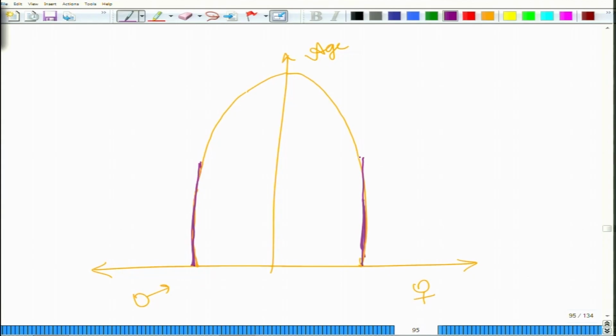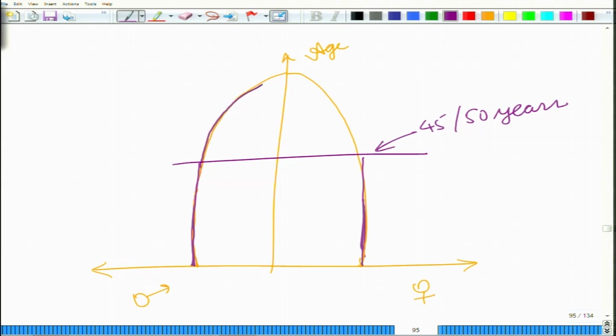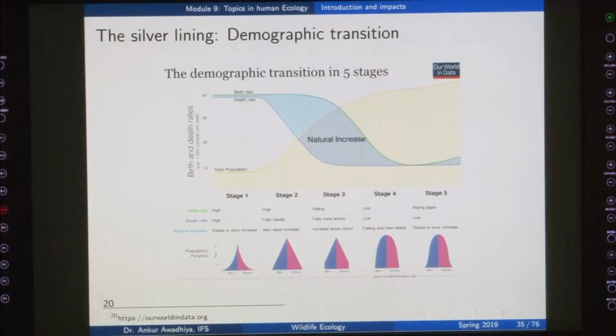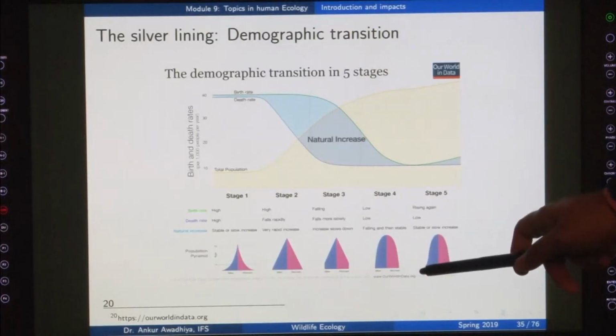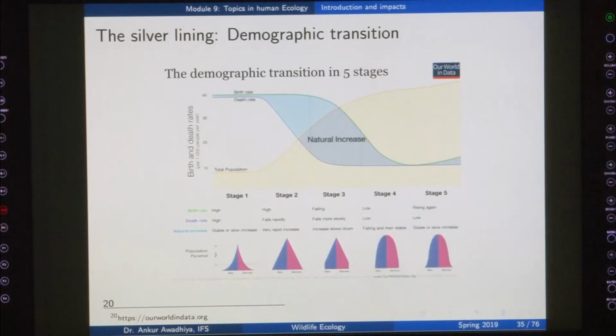Let us say that this age is 45 years or 50 years, and even after this age, because the society has access to modern medical facilities, the deaths after this age are very low in numbers, and so it very slowly comes to the top, and this is the life expectancy of this particular population or society. So this is how we represent that society in the case of a population pyramid.